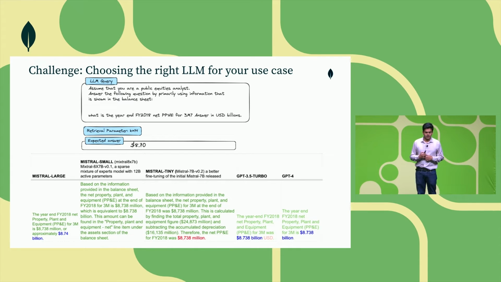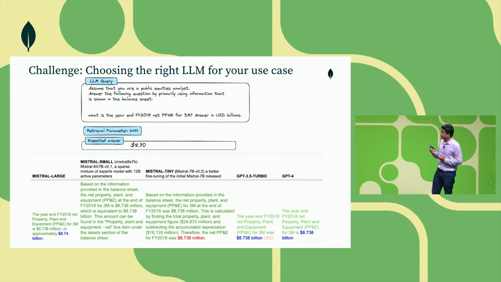Mistral Tiny is their 7 billion parameter model. And GPT-3.5 and GPT-4 are the popular models from OpenAI that you're already aware of. For this setup, we had a retrieval parameter with k equal to 14, and we got to the right answer with all these LLMs. What you would see is how certain LLMs are not able to reason properly.